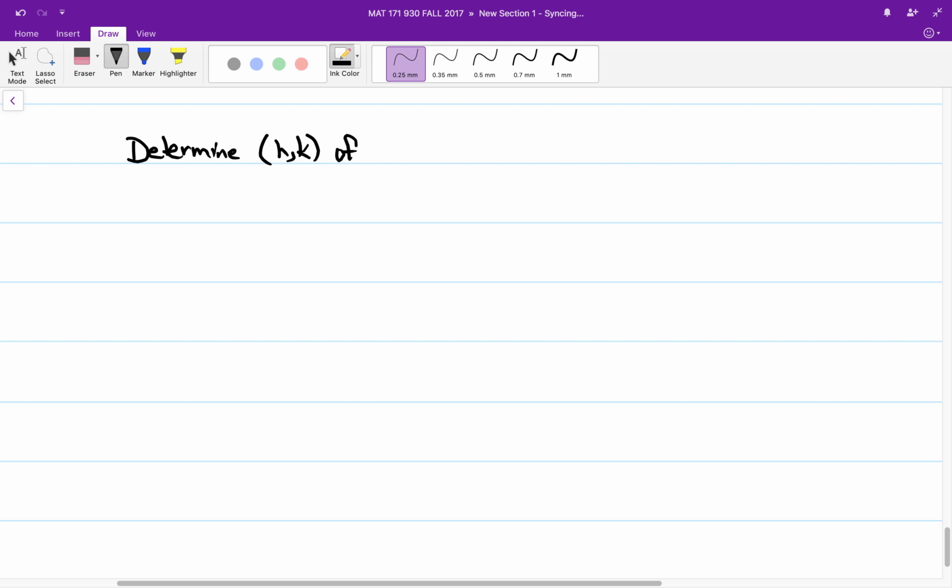We'll say that we have the function f of x is equal to x squared minus 10x plus 17. Again, this is the standard form of the quadratic function. Let's create the pathway to translating to the vertex form.